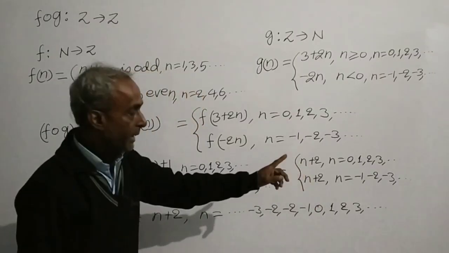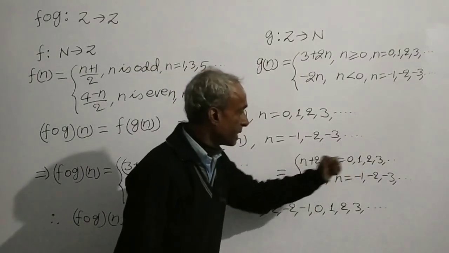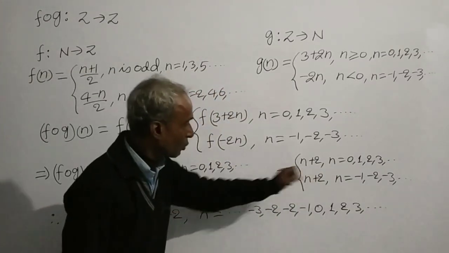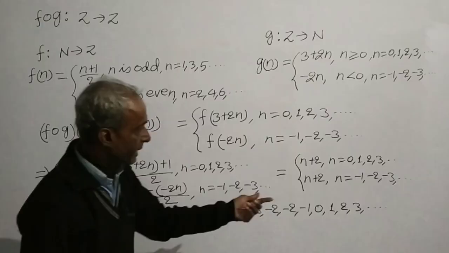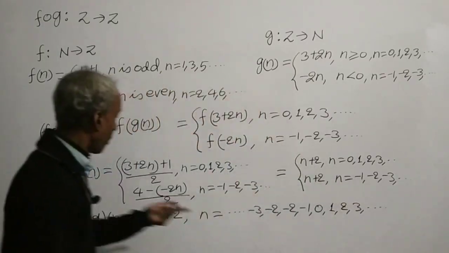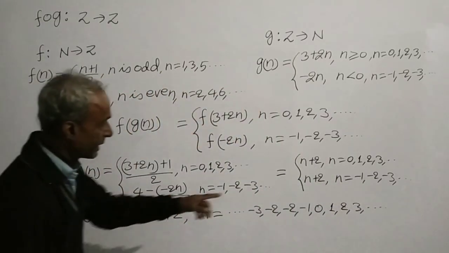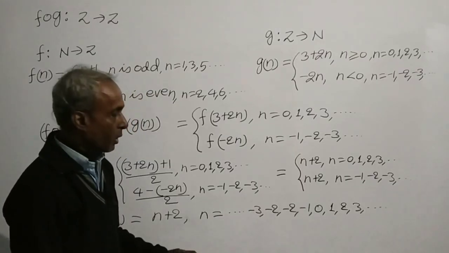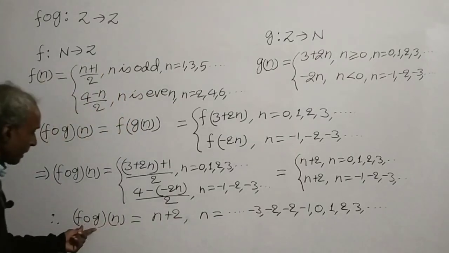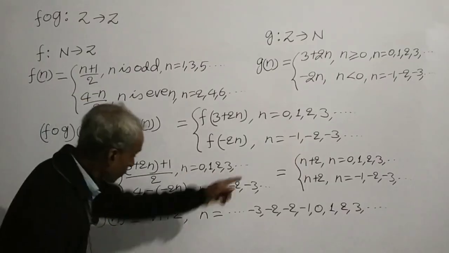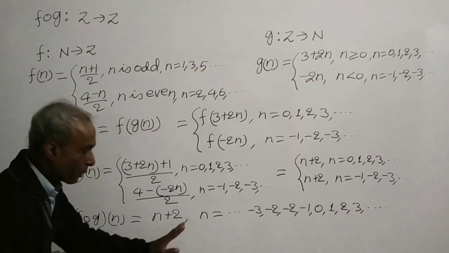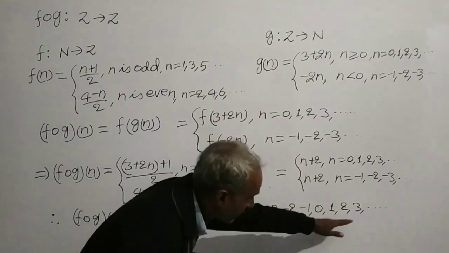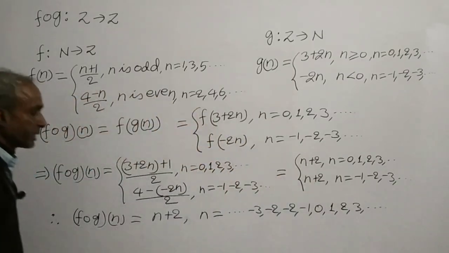After simplification, we get this. When n is 0 or a positive integer, fog is n plus 2. And when n is a negative integer, fog is also n plus 2. Therefore, we can write fog(n) is equal to n plus 2 when n is any integer, positive or negative or 0.